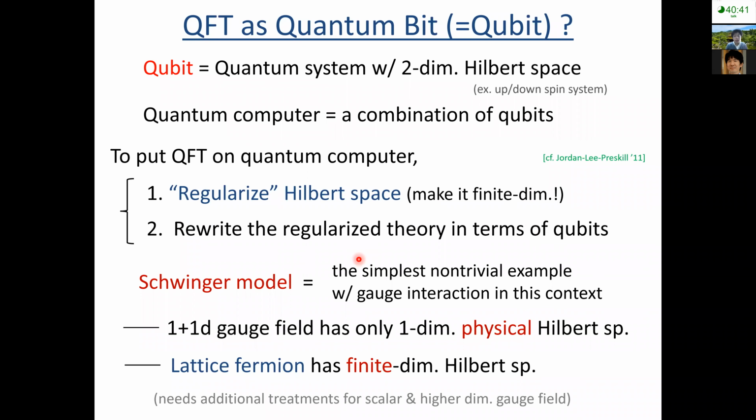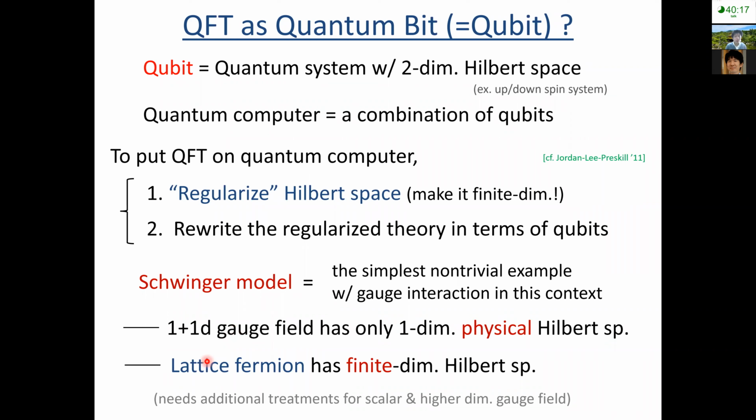The Schwinger model is the simplest non-trivial example with gauge interaction in this context. First, we have a gauge field, but in 1+1 dimensions the gauge field is not propagating, and we have only a one dimensional physical Hilbert space.